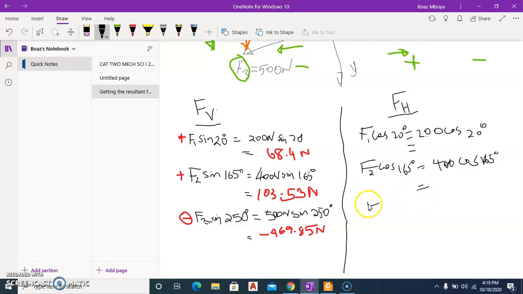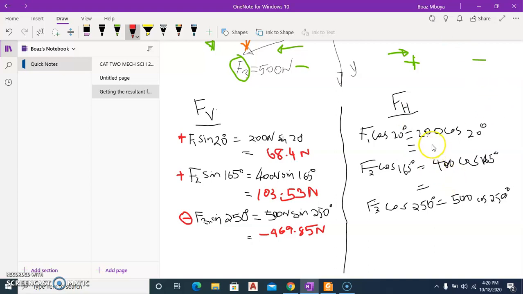Then we have F3 cos 250 degrees. So we have 500 cos 250 degrees. Okay, so let's look at the answer. So this is 200 cos 20.